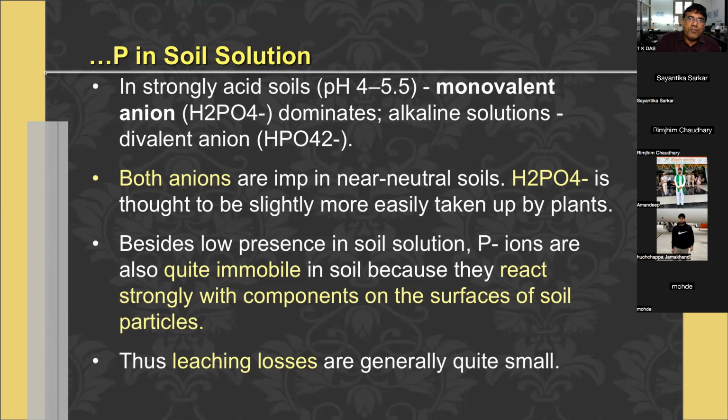A very insignificant quantity of phosphorus is lost by leaching, because we already have very little phosphorus in soil solution, and it is immediately converted into iron phosphate or calcium phosphate, and then attracted by colloids or clay particles. They can remain there, so they move only a little. Very little phosphorus is available for leaching. Thus, leaching losses are generally quite small.